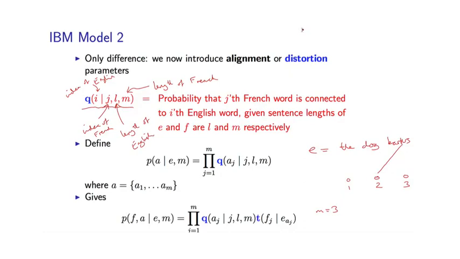The probability of this happening is q of 3, the English position, conditioned on the French position 2 and the length of the two sentences, so L and M are both equal to 3 in this case.